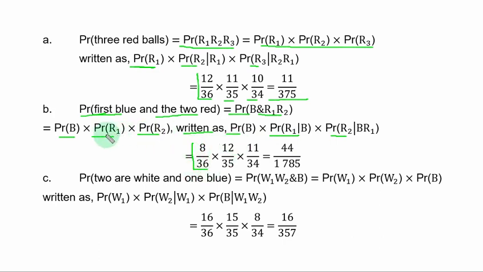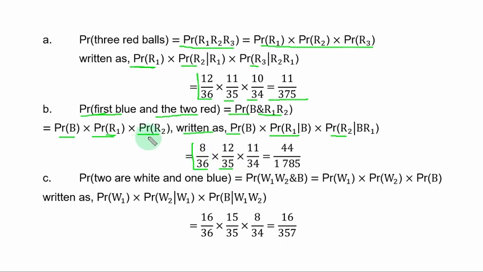The second one is red. So at that point, the red balls are not affected, but the total is affected because you have picked the first ball as blue before the second as red. So red is 12 over total 35.